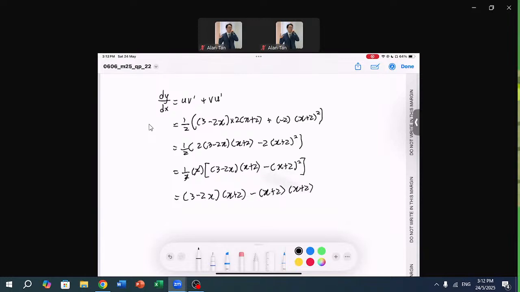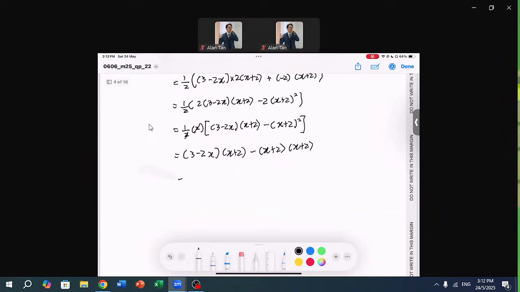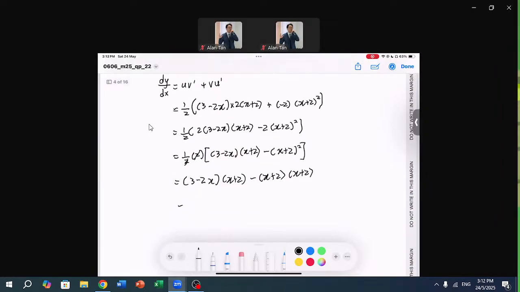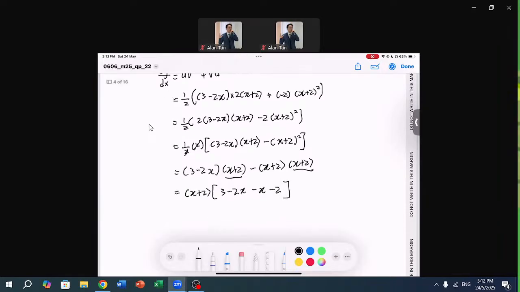I might be getting a little bit too excited here, but it's fine, because this is probably not as complicated as I'm making it out to be, but that's the fun part. Actually, I think I'm on the right track. What you see is we have x plus 2 in both, so we can factorize it out: (x plus 2) bracket 3 minus 2x minus x minus 2. This gives me (x plus 2)(1 minus 3x).